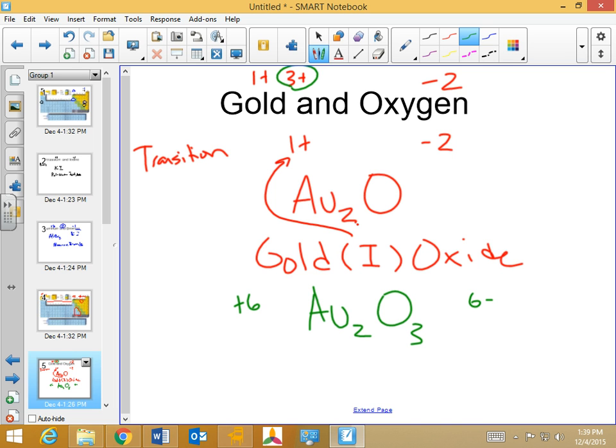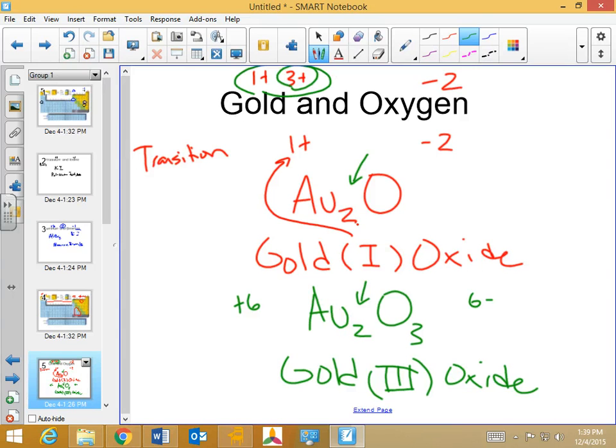My name of that would be the same, gold, but instead of putting a 1 for the charge, I would put 3, oxide. Again, notice that there are no Roman numerals in the formulas, just in the name. Why do we put them there? Because gold can have multiple oxidation numbers.